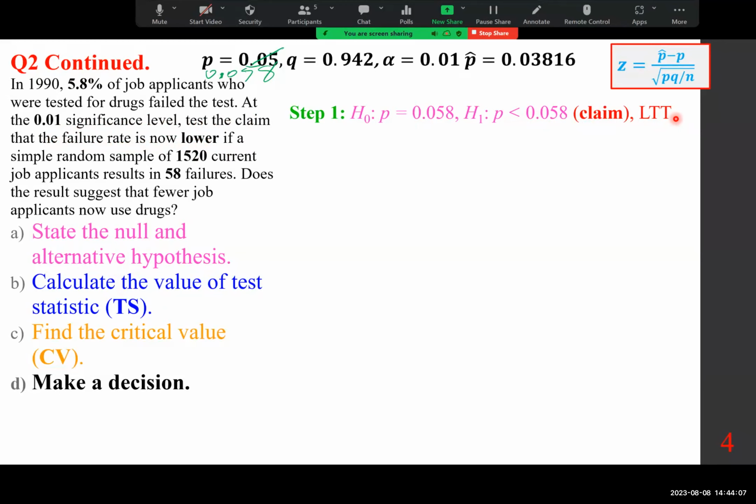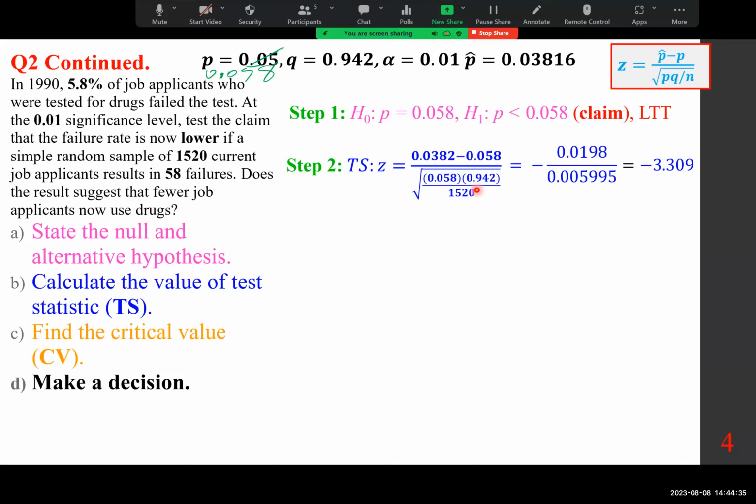The second step is calculating TS, test statistic, using this formula. So let's plug in. P hat, which we have calculated, minus P over the square root of P times Q over N. That's the formula. You do the math, you end up with negative 3.309. According to the traditional method, critical value comes from the choice of alpha.